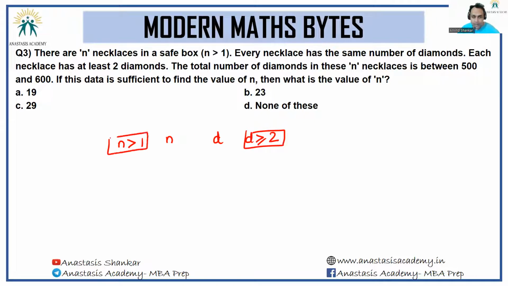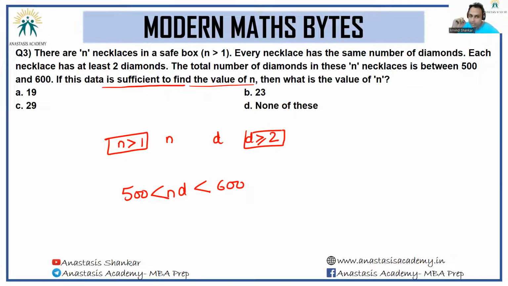If the total number of diamonds in these n necklaces is between 500 and 600, so we have been told ND lies in the range 500 to 600. If this data is sufficient to find the value of n, what is the value of n?